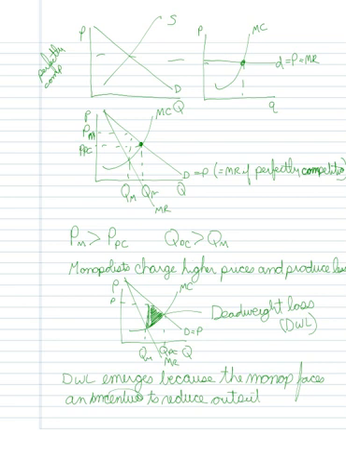Now, deadweight losses are bad from a societal perspective. So the larger the deadweight loss, the larger the incentive the government faces to regulate this monopolist.